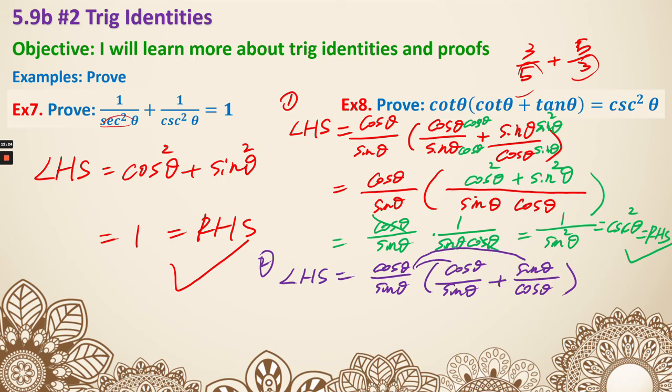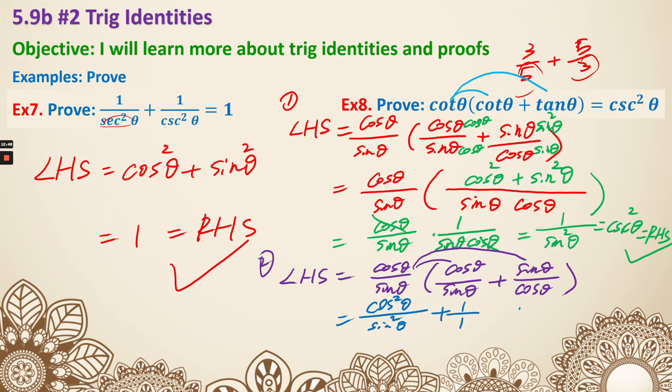So you can also choose to just do this right away. And notice that cotangent times tangent is going to give you a 1. So in this case, cosine times cosine on the top is cosine squared. Sine times sine on the bottom is sine squared. Cosine over sine times sine over cosine becomes a 1, or 1 over 1.